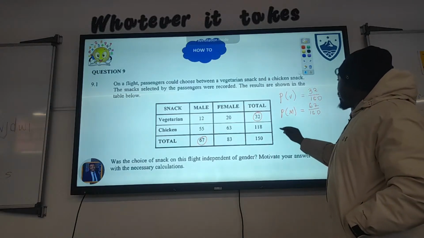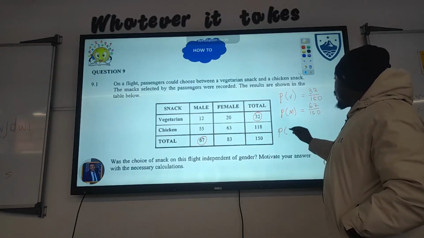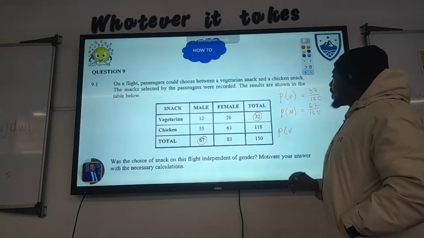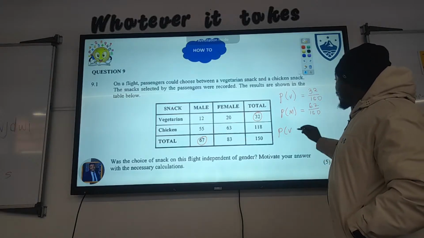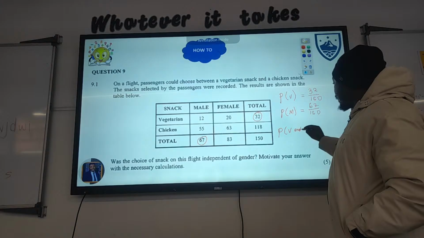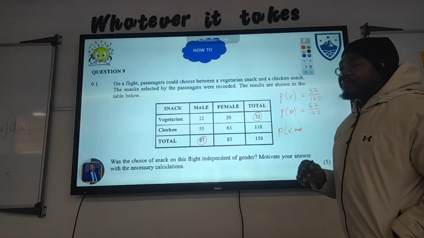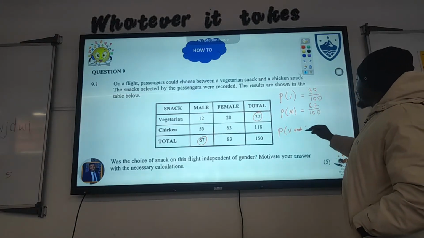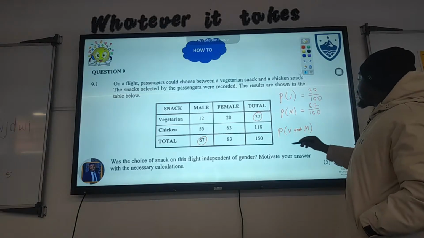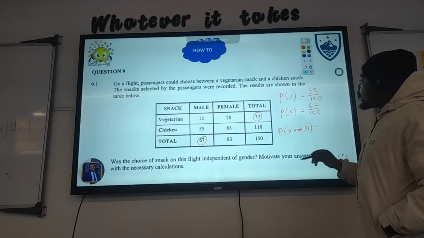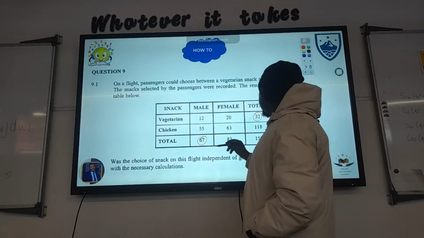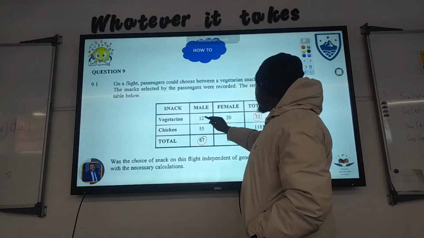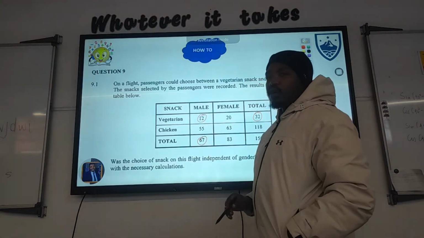And then the probability of a vegetarian snack and being a male, that means them happening at the same time. We go to vegetarian and male, which is actually 12.